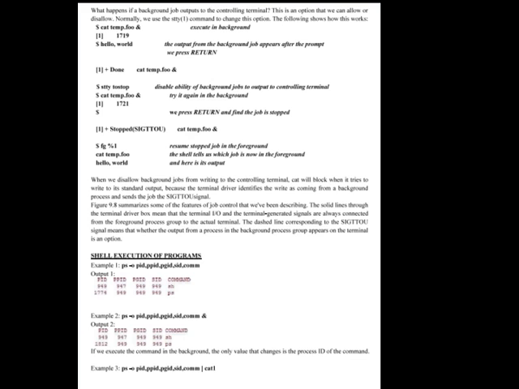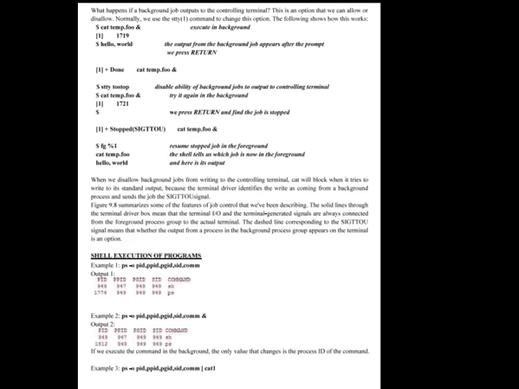When we disallow background jobs from writing to the controlling terminal, cat will block when it tries to write to its standard output, because the terminal driver identifies the write as coming from a background process and sends the job the SIGTTOU signal. Figure 9.8 summarizes some of the features of job control that we have been describing.